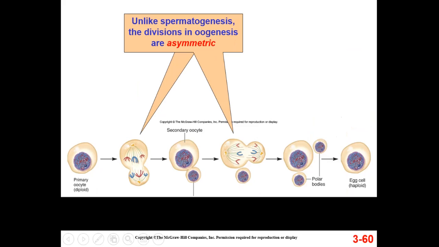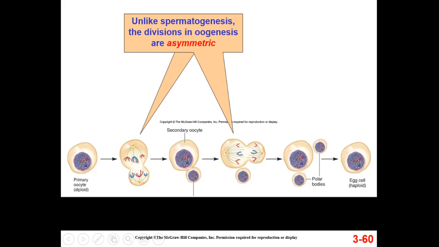When you do division to make an oocyte, you start off with a set of homologous chromosomes. In the first division, that divides asymmetrically. So you end up with one big cell and one little cell that we call the polar body.